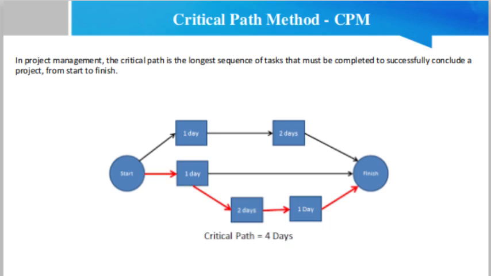To find the critical path, project managers normally use the critical path method (CPM) algorithm to define the least amount of time necessary to complete each task with the least amount of slack.